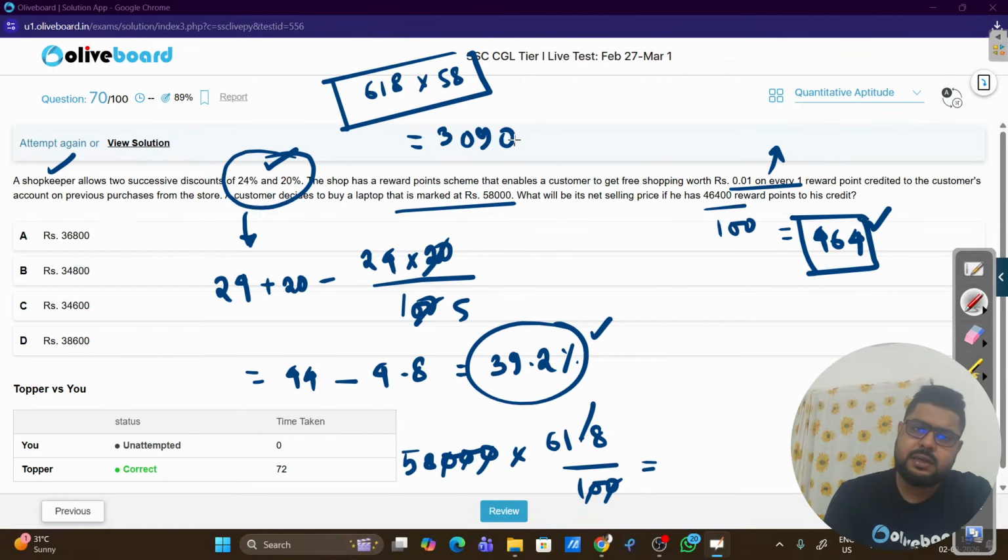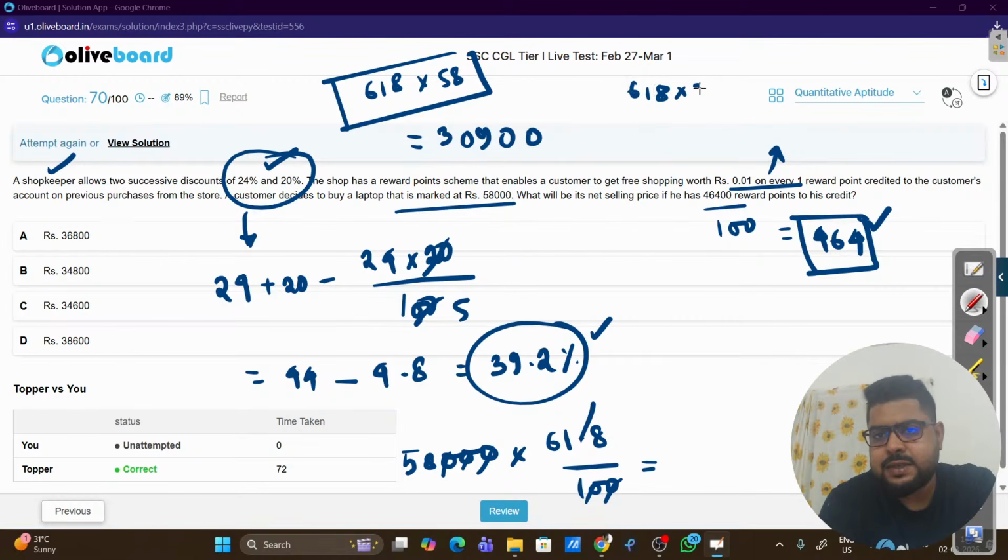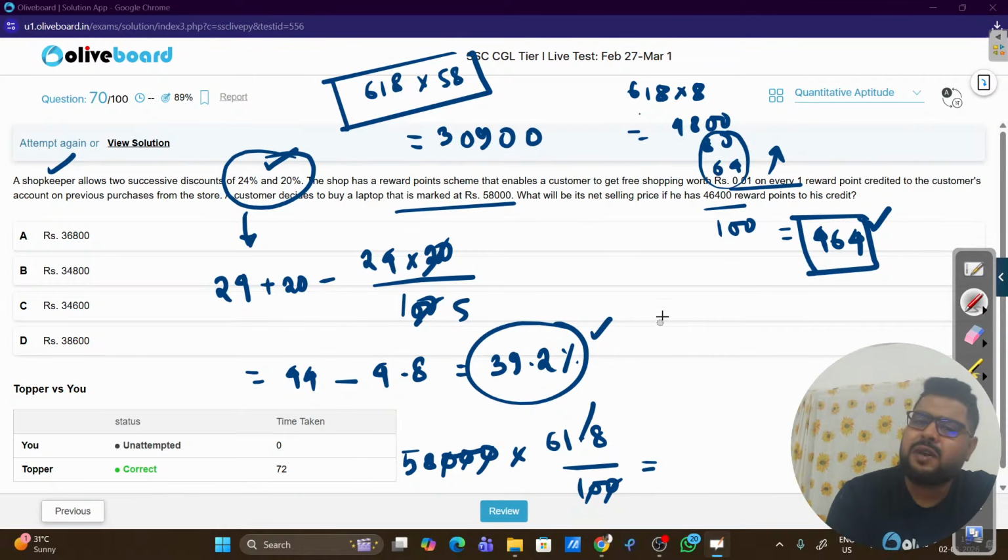That is 618 into 5, sir. Sorry, that is 30,900. Now 618 into 8, sir. How to do it? 6 8s are 48. 10 8s are 80. And 8 8s are 64. I'm doing it directly, 144. 4944.